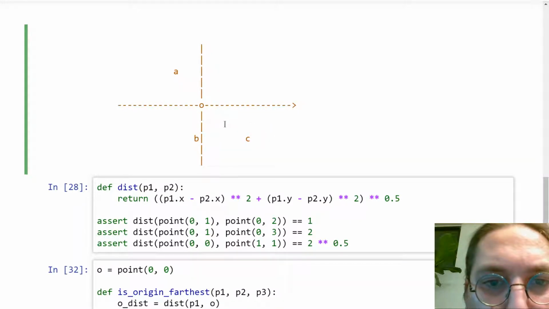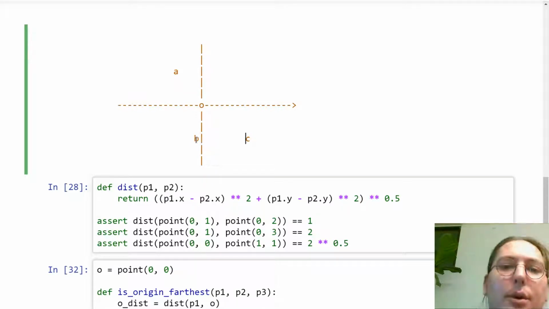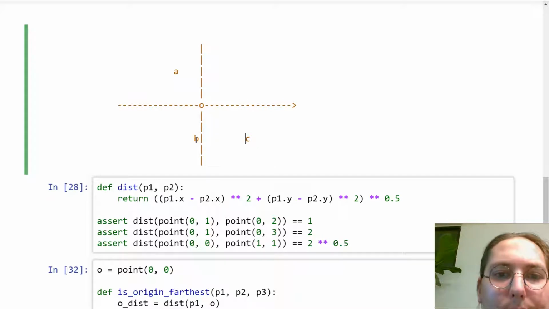Okay, so in this case, O is further away from B, right? Fair enough. At least we have AC is bigger than OC, so for that point C it satisfies the condition.